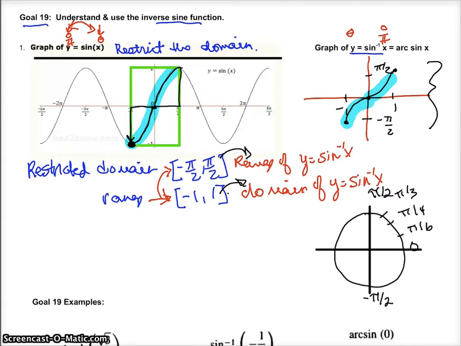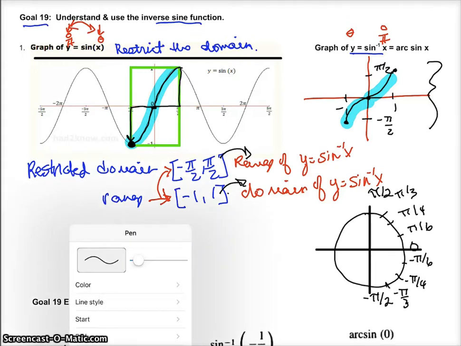And then, of course, into the fourth quadrant, negative pi over 3, negative pi over 4, and negative pi over 6. And I know for sine only, the value at pi over 2 is 1.